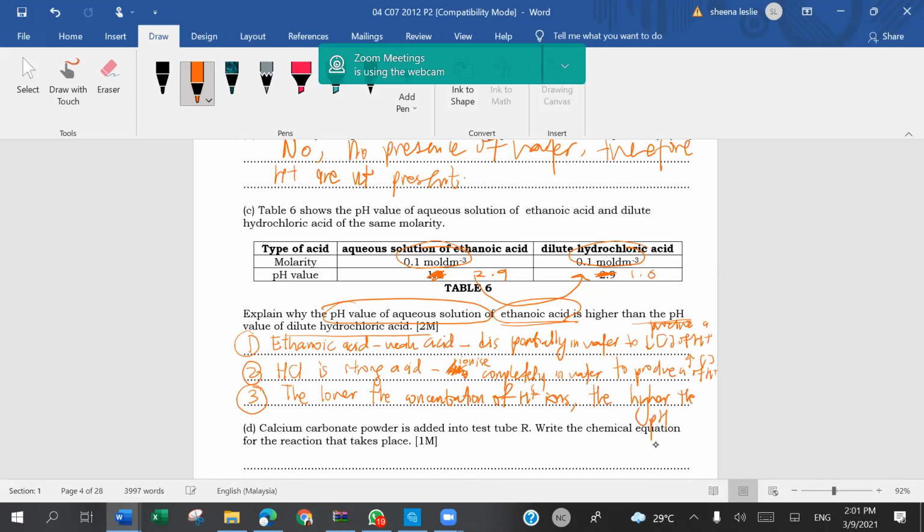You see, teacher use the lower the concentration. Lower concentration is a weak acid. A weak acid will always have high pH. If let's say teacher never write this sentence, but I write something else. The higher the concentration of hydrogen ions, the lower the pH. Do you all agree with teacher?